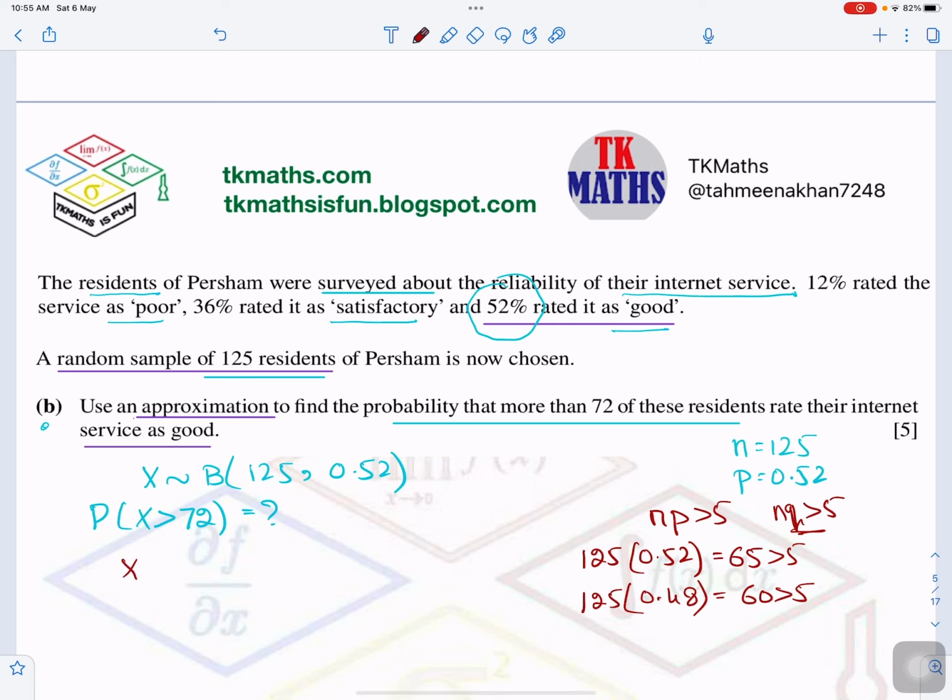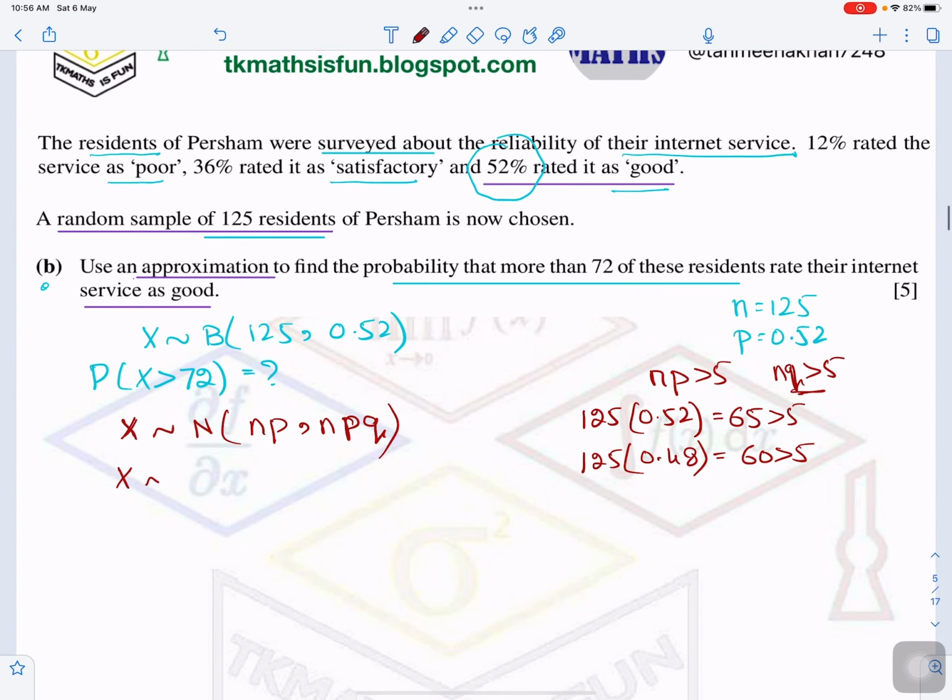When you use the normal approximation to solve a binomial question, your distribution becomes normal with mean np and variance npq. Let's write down the values. My np will be my mean, which is 65, and npq will be my variance, which I have not calculated yet.